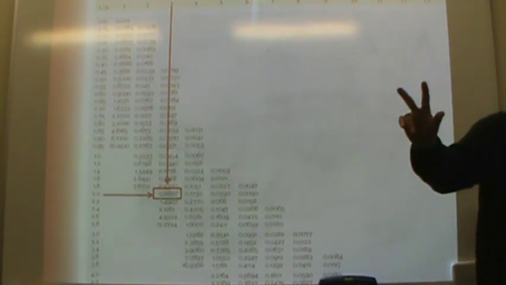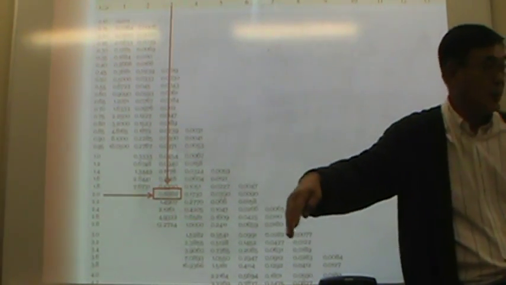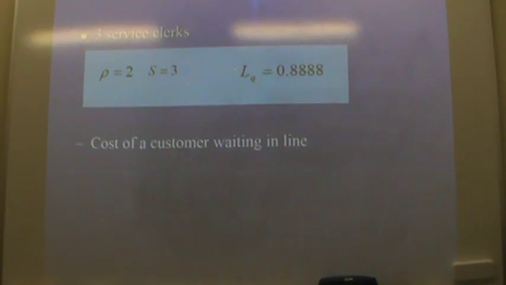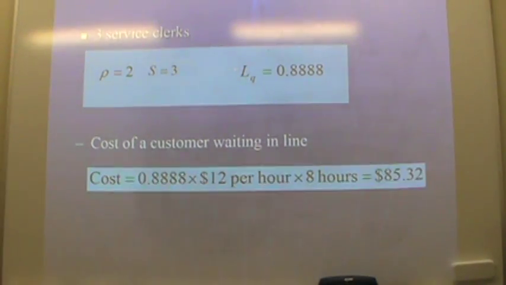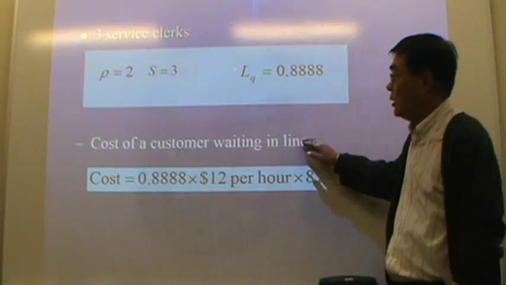So on average, if there are 3 servers or waiting lines, then on average for each one, 0.8888 customers in the waiting line. Then we calculate the cost of customers in the waiting line.